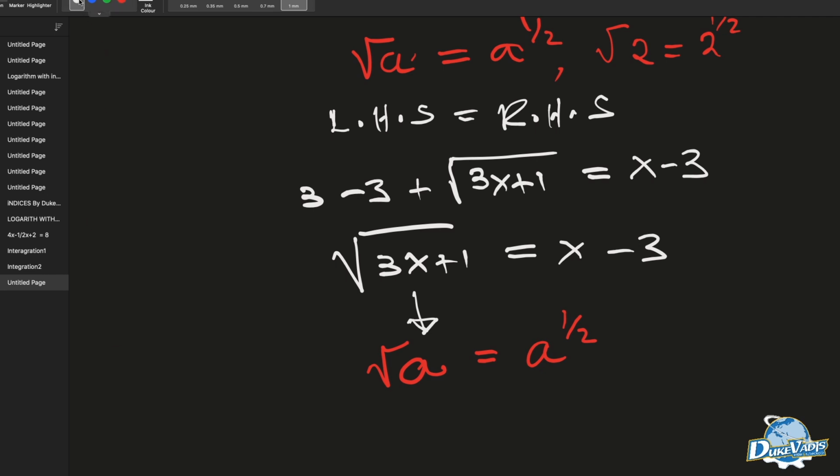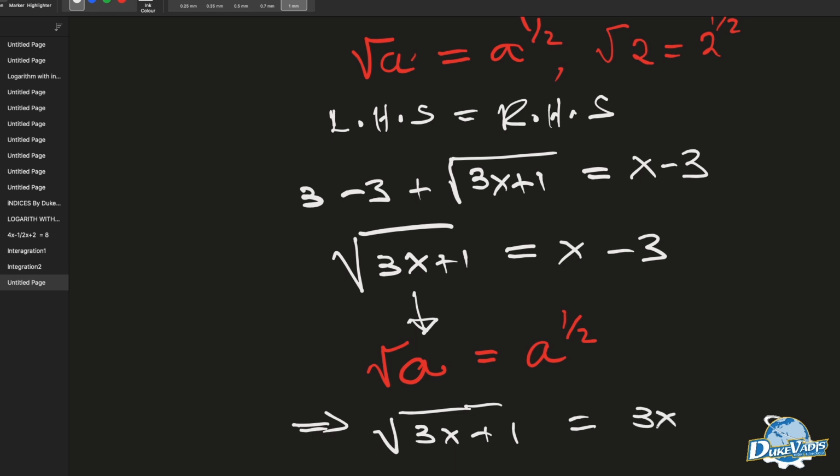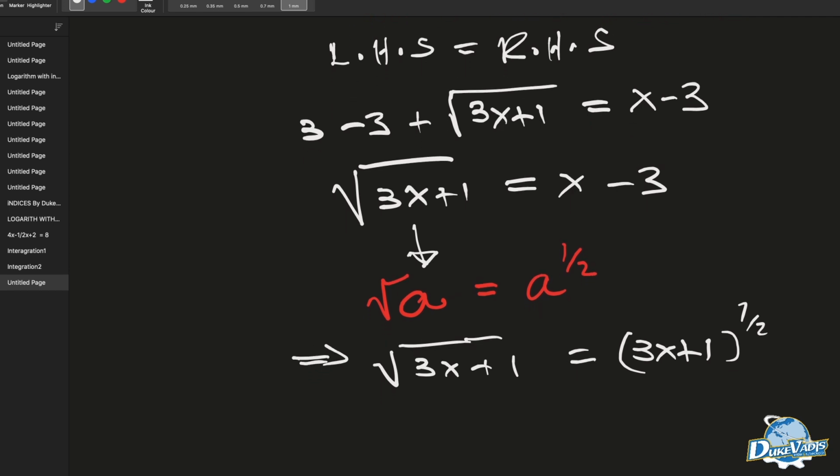When we do that, this implies that the square root of 3x plus 1 is the same as 3x plus 1 raised to the power half. So 3x plus 1 raised to the power half is now equal to x minus 3.